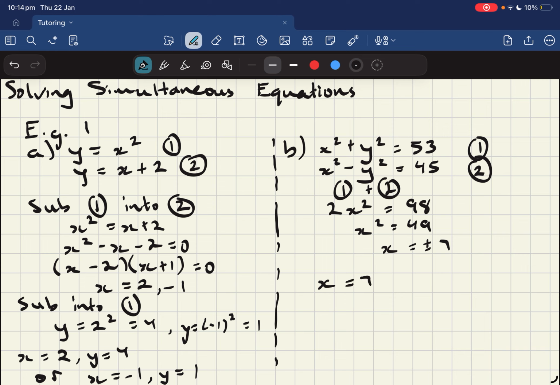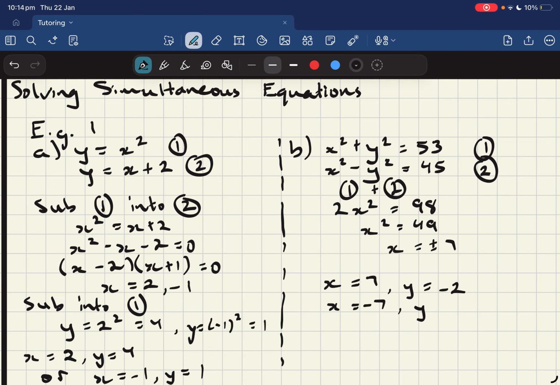When x equals +7, y equals -2. And when x equals -7, y equals +2.